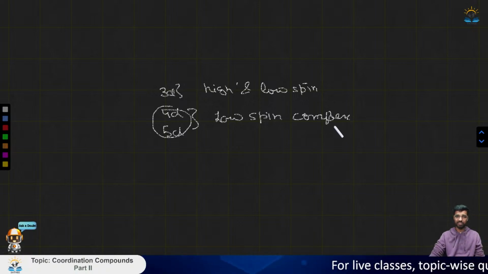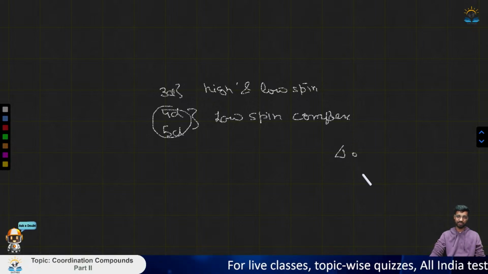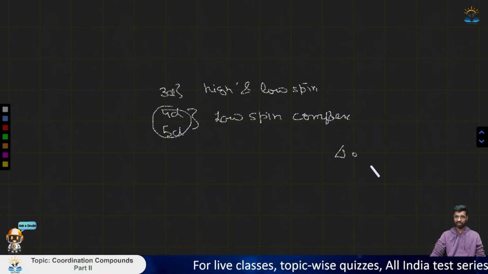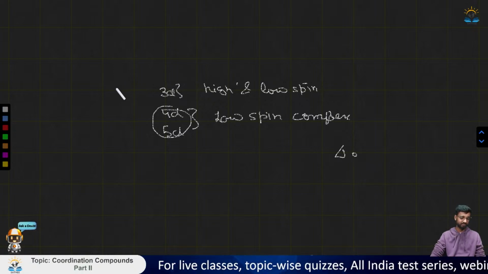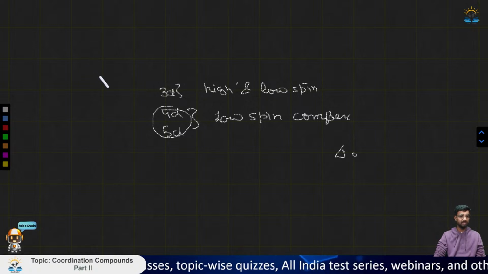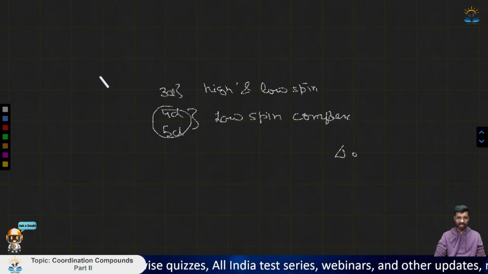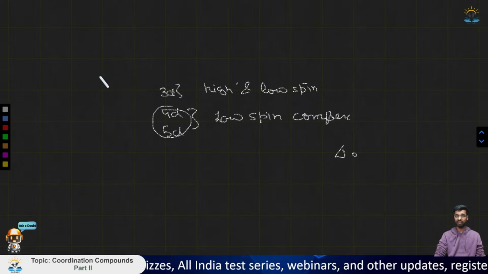Since they are diffused, when a ligand approaches them, delta O becomes larger and larger. So you can consider another concept: the first was the strength of the ligand, as the strength of the ligand increases, delta O increases. The second is that as the charge on the metal ion increases, delta O increases.